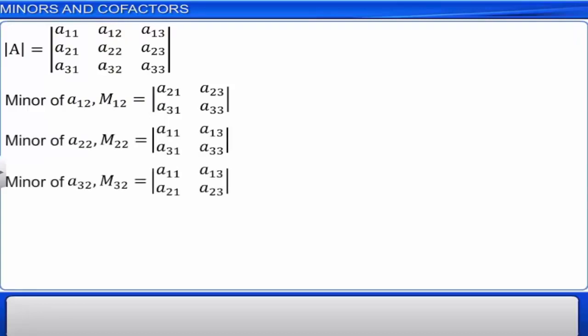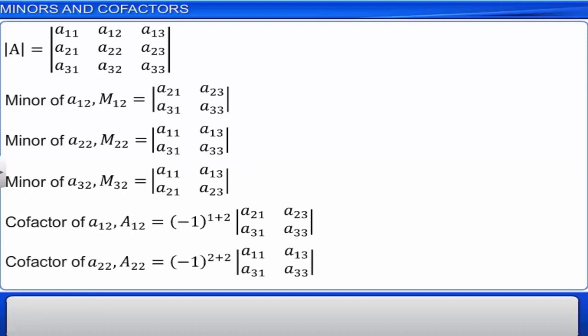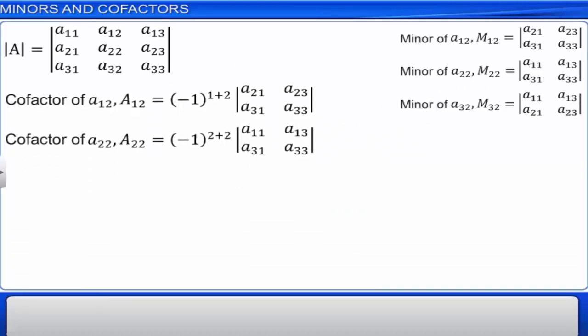Now, the cofactor of the element A12 is equal to the product of (-1) raised to the power of 1 plus 2 and its minor. Similarly, the cofactors of A22 and A32 can be obtained, which are as shown.